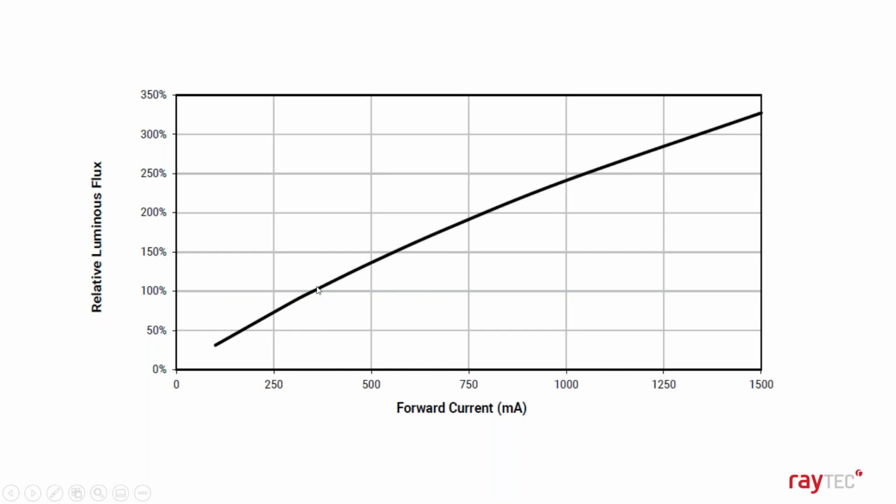You actually only get 80% more light for doubling the forward current. Also beware that you may be tempted to drive the LEDs at their maximum rated current to give you the most bang for your buck, but this can dramatically reduce the lifetime of the fitting.